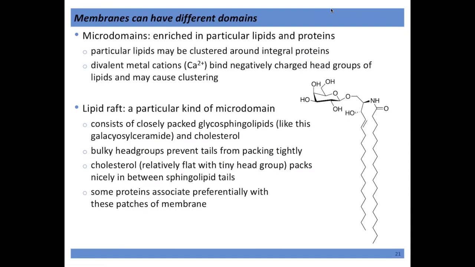What that does is create an environment that some proteins like to preferentially interact with. So you'll get these rafts of specific types of lipids in specific arrangements, and that will attract or be more favorable for certain types of proteins.